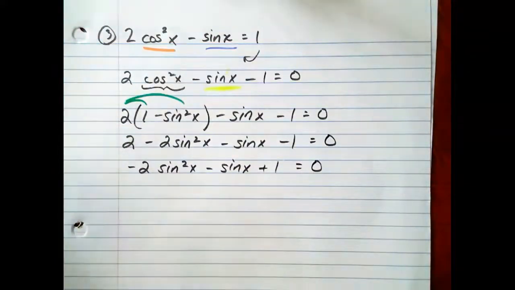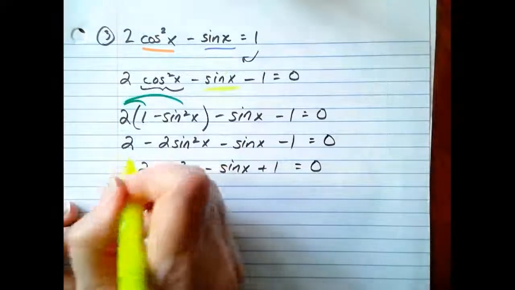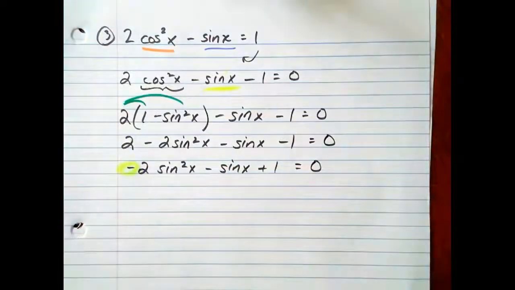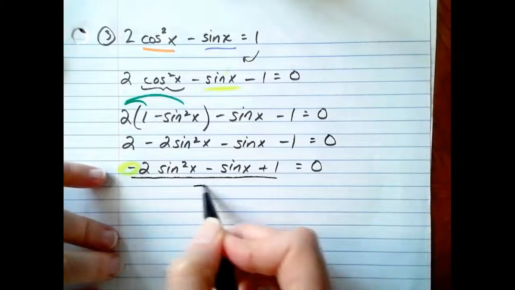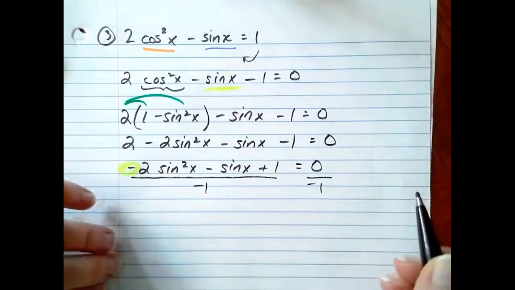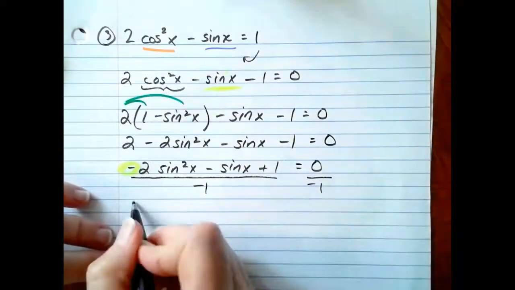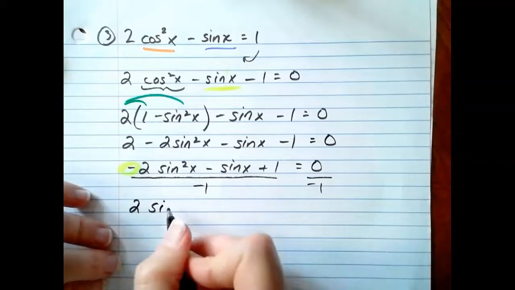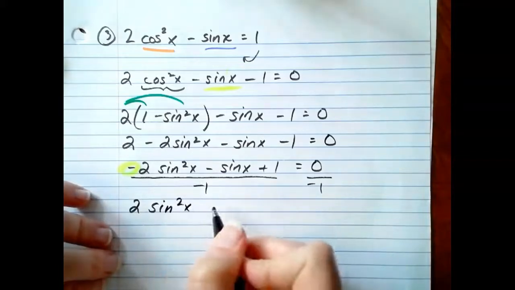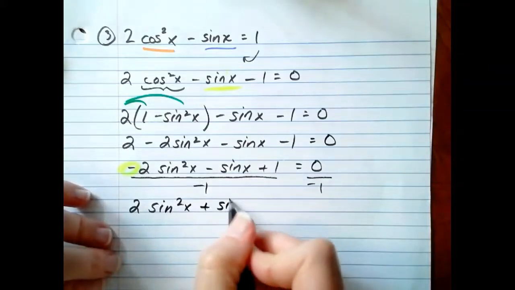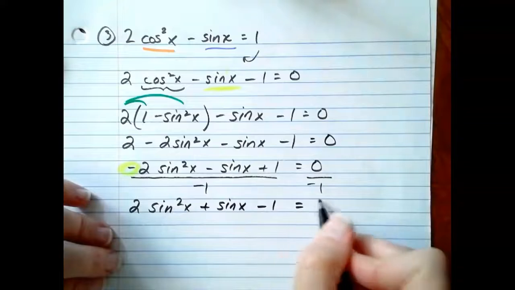The next thing that I would do would definitely be to get rid of the negative leading coefficient. The easiest way to do that is simply to divide both sides by negative 1, which will just flip all those signs. So 2 sine squared x plus sine x minus 1 equals 0.